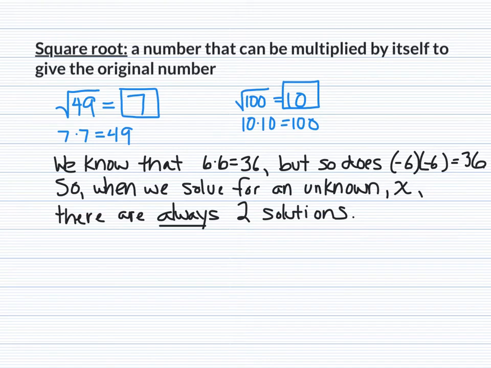We know that 6 times 6 is 36, but so does negative 6 times negative 6 equal 36. So when we solve for an unknown x, there are always two solutions.